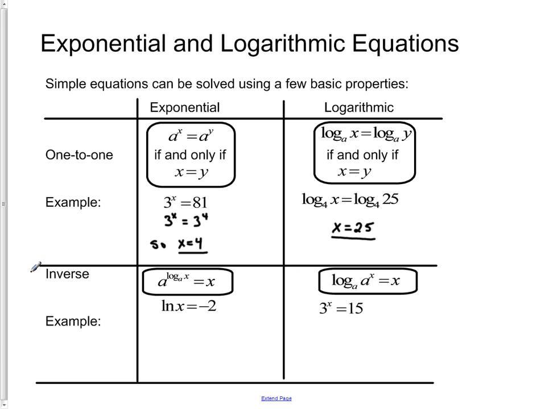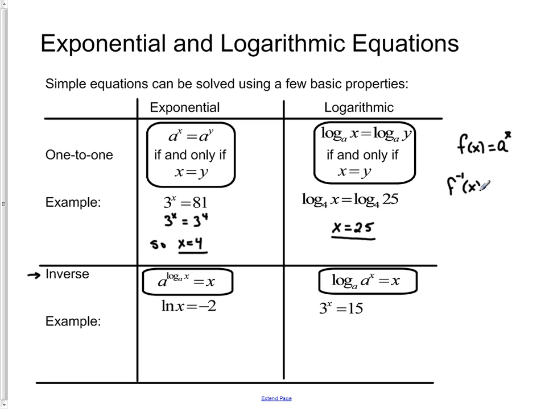All right, the other property that is really useful to us is called the inverse property. We talked about these two inverse properties early on when we first started talking about logarithms. We say they're inverse properties because anytime we have a function of the form f of x equals a to the x, its inverse function is the logarithm function.